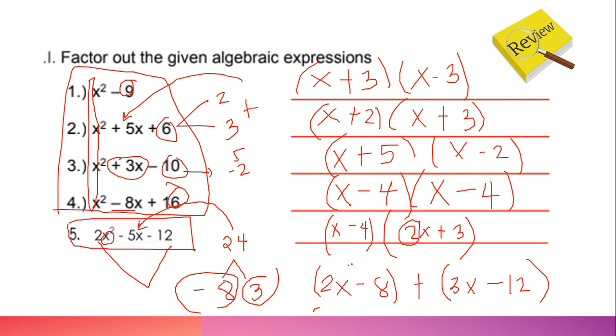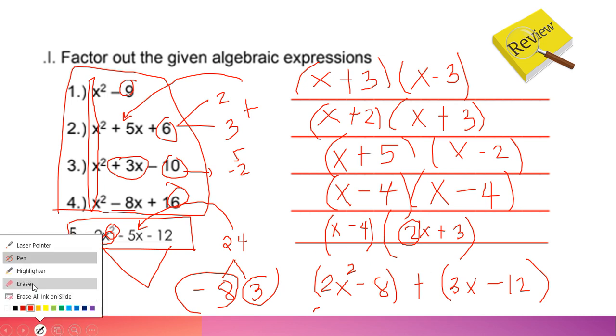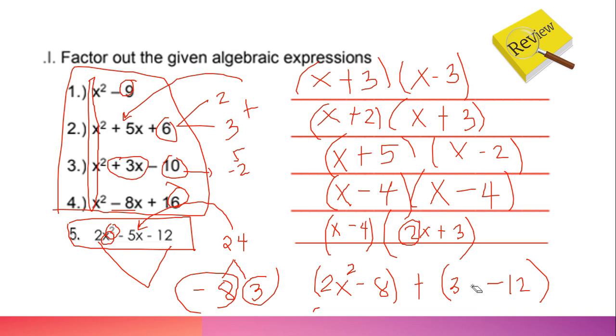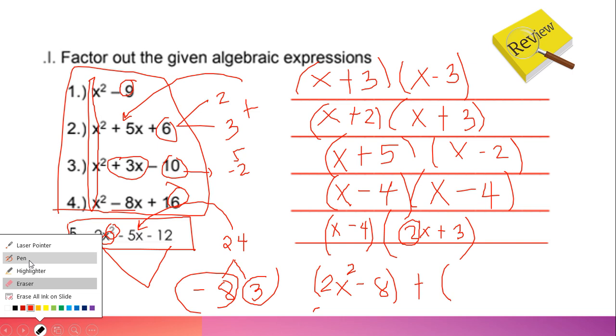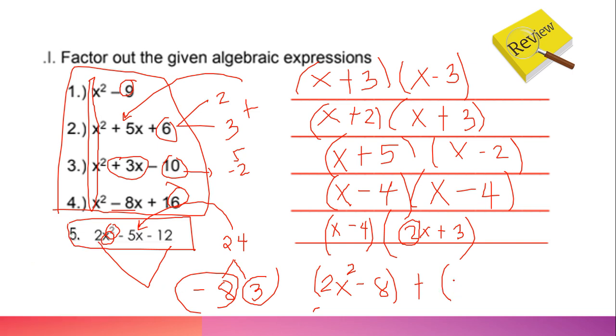Pag i-factor out mo yan, syempre may x squared yan kasi may x squared dito sa may unahan. So, 2x squared. Sorry. 2x squared, 8 plus 3. Tapos, meron siyang 3x minus 12.